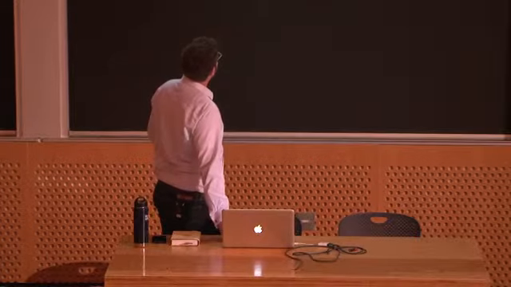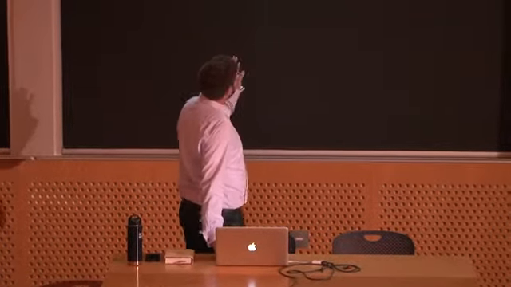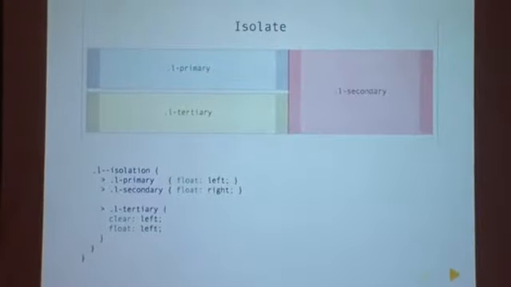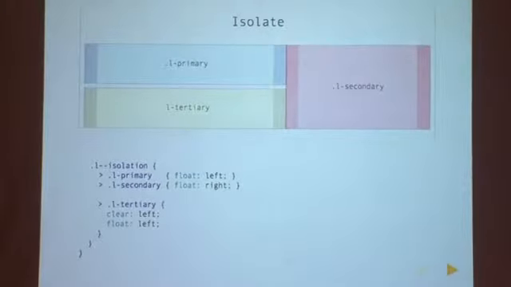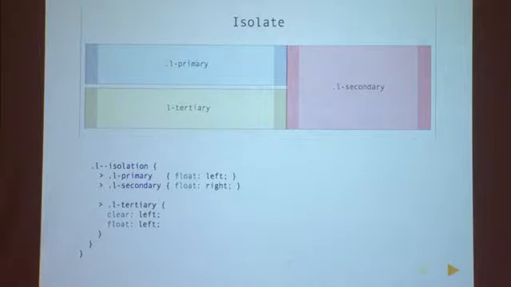One other nice thing is that you can mess with the flow and the floating a little bit to create two independent-ish columns. So here we're floating the primary element left and the secondary right. And then the tertiary element is clearing left.